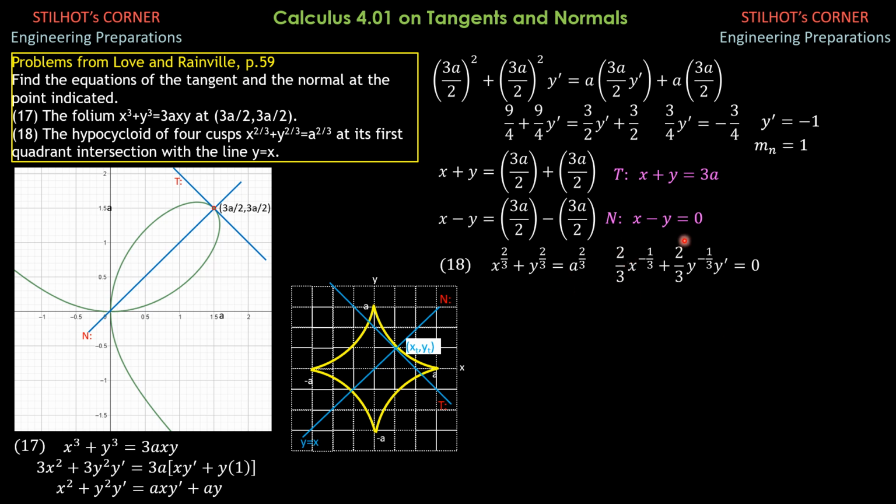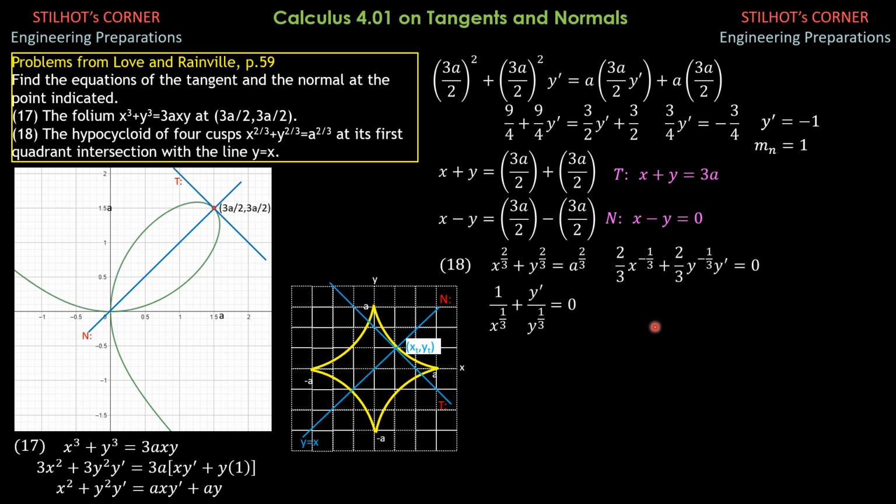Divide everything by 2/3, or multiply everything by 3/2. This reduces to 1 over x to the 1/3 plus y prime over y to the 1/3 equals 0.